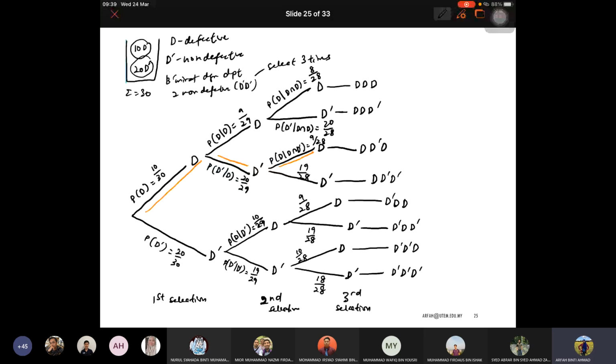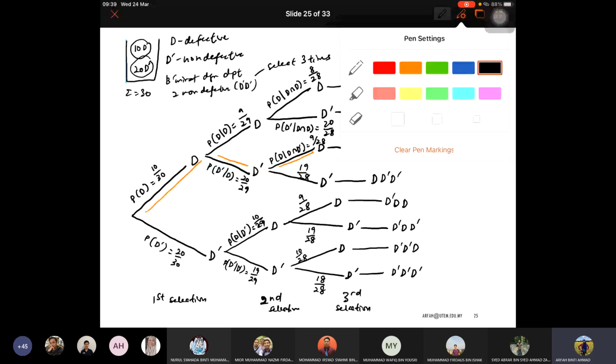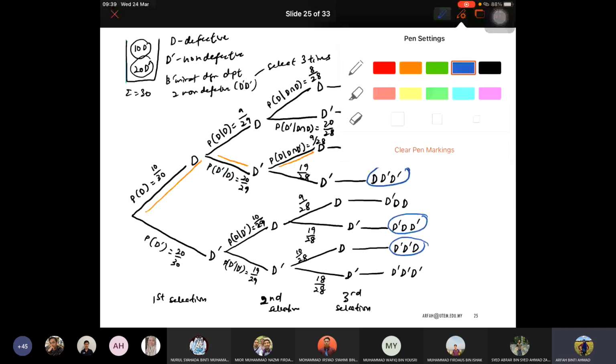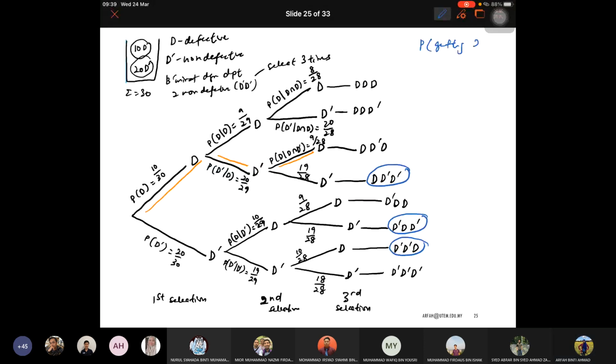So 2 yang ada D prime. Okay. 2 non-defective, that mean tengok dekat yang ada 2. So kita berminat with this case and this case.